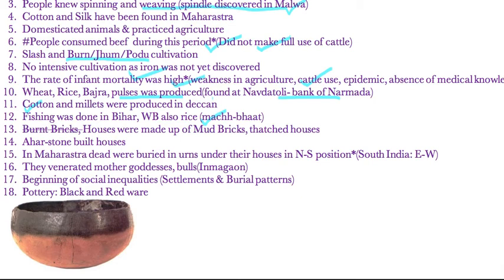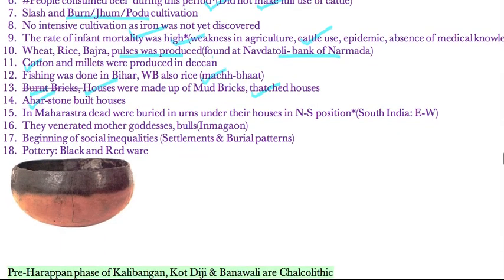They were not aware of burnt bricks, so they were not using them. Houses were made of mud bricks rather than burnt bricks, and thatched houses were also made. In Ahar culture, stones were used to build houses. In Maharashtra, the dead were buried in urns under their houses.